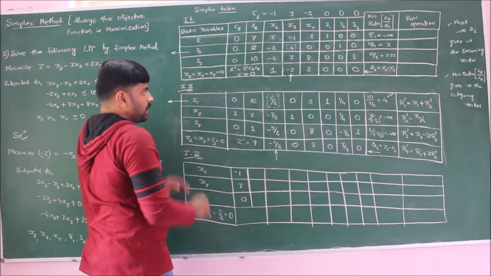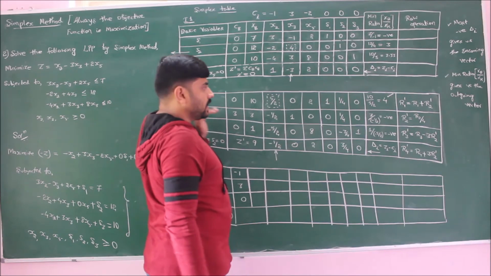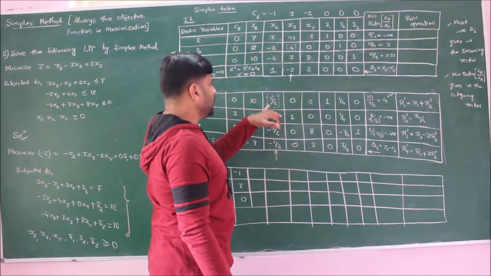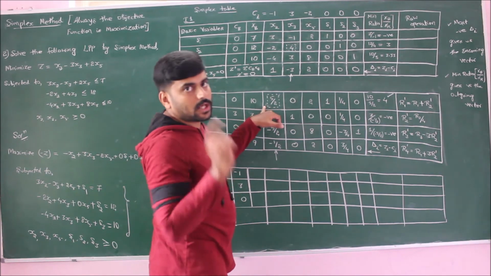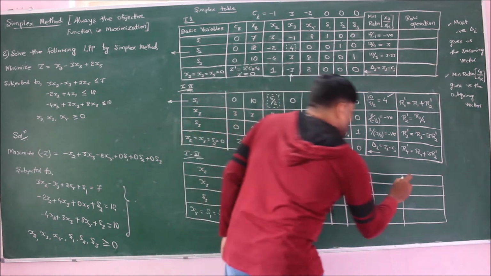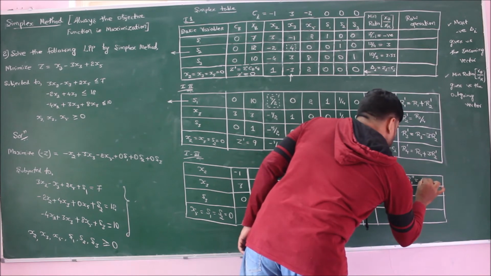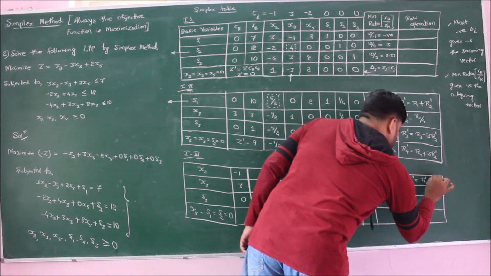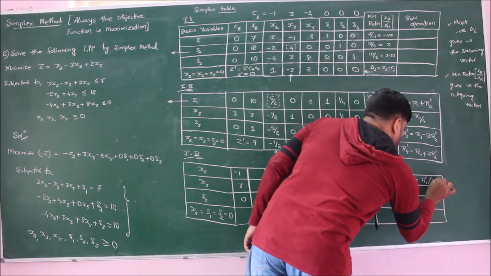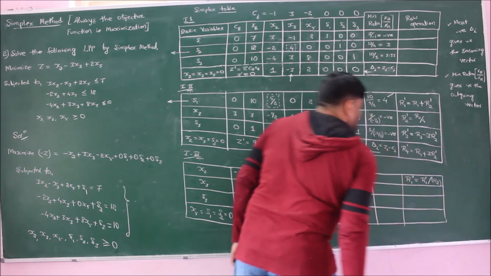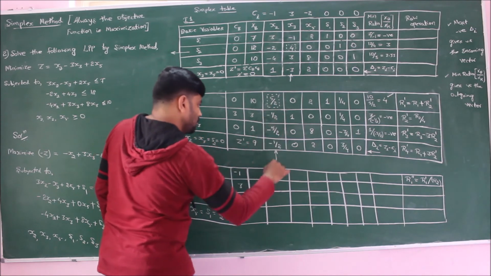Before that I should fix the key row. Key row for us is row 1 and key element is 5 by 2. First I should make it as unity. So therefore row 1 double dash is equal to row 1 dash, that is previous iteration row 1 divided by 5 by 2. Thereby I can make the key element as unity.